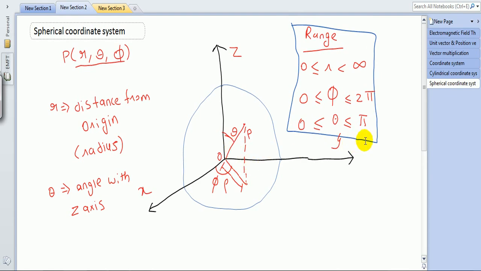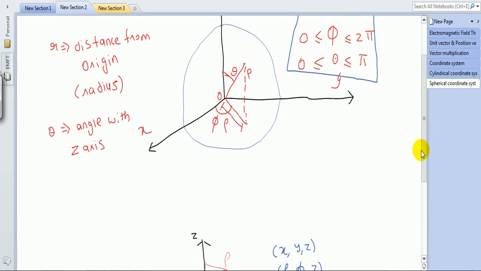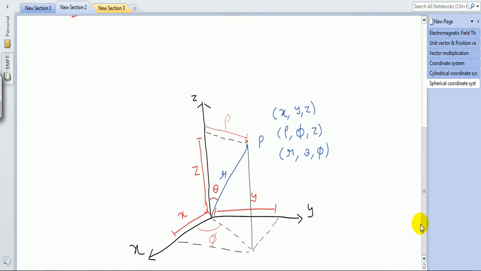Now if you want to find the relation of rectangular to cylindrical, or rectangular to spherical, or spherical to rectangular, or cylindrical to spherical or spherical to cylindrical, we can also do that. First we will do rectangular to spherical.